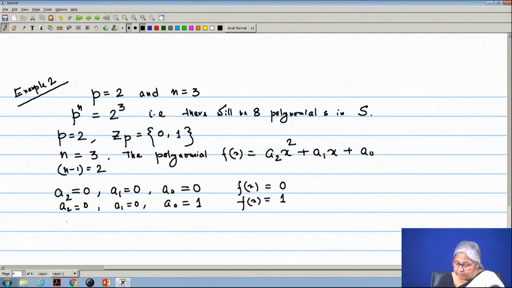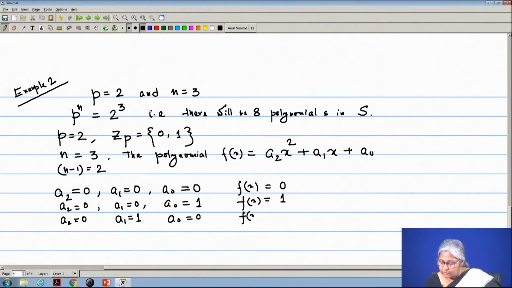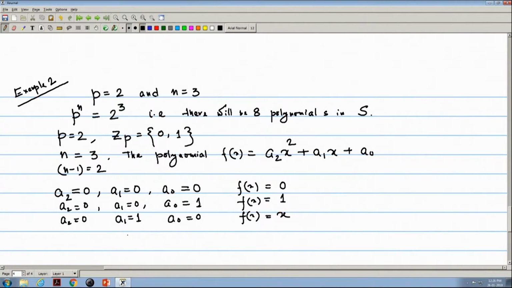Now, I consider a2 equal to 0, but a1 is 1, because they can take 0 or 1 values. So, if a1 equal to 1, then if a0 equal to 0, then f(x) equal to x. If a2 equal to 0, that means all possibilities we are taking, a1 equal to 1 and a0 equal to 1, then f(x) equal to x plus 1.